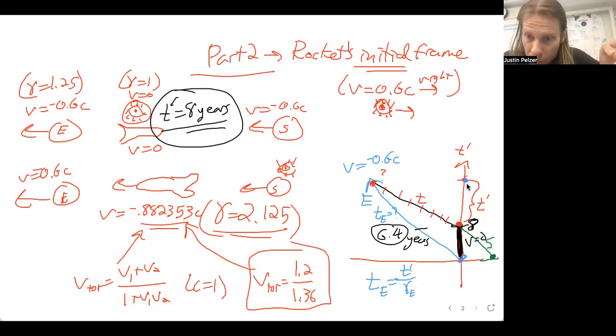T is going to be this t prime, which is a shorter t prime, over its gamma for the rocket. We can call it t prime turnaround, or t prime 2, I guess, for the second journey, over the rocket's gamma, which is this, of course. Here's the Earth's gamma. If you can sort all this out, that's the whole point. I'm asking you to sort all this out.